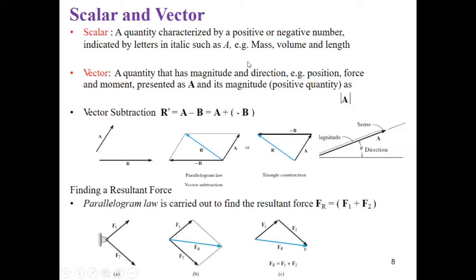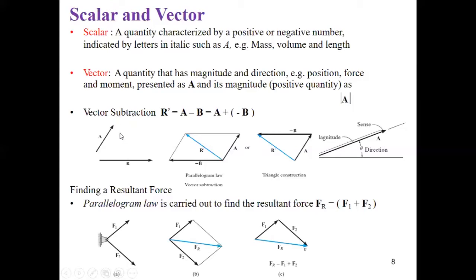To mention, mass is a scalar, but the weight of a body is a vector. Weight is mass multiplied by g, and it is expressed in Newtons.